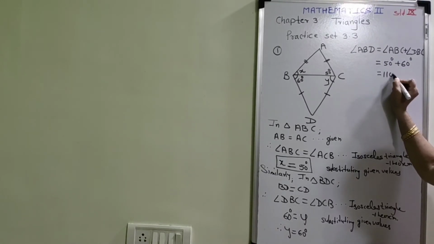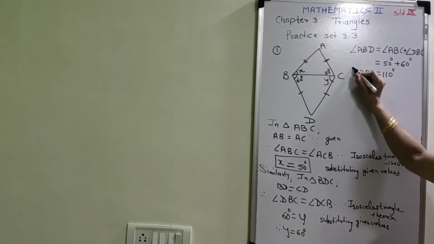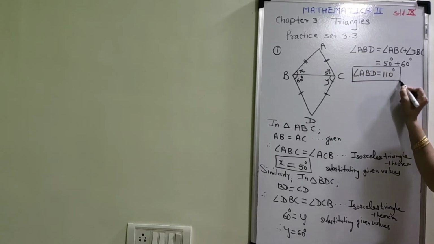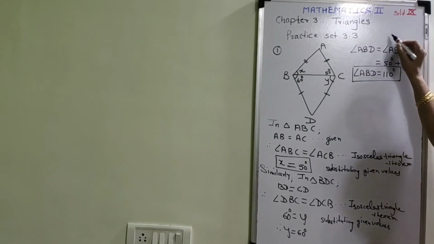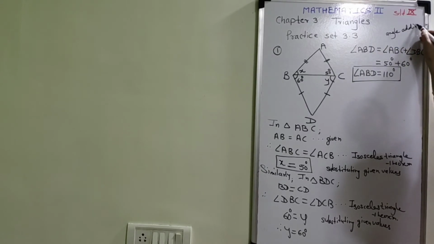The entire addition is 110 degrees. Angle ABD is equal to 110 degrees. For the first step, write the reason: angle addition property or postulate.